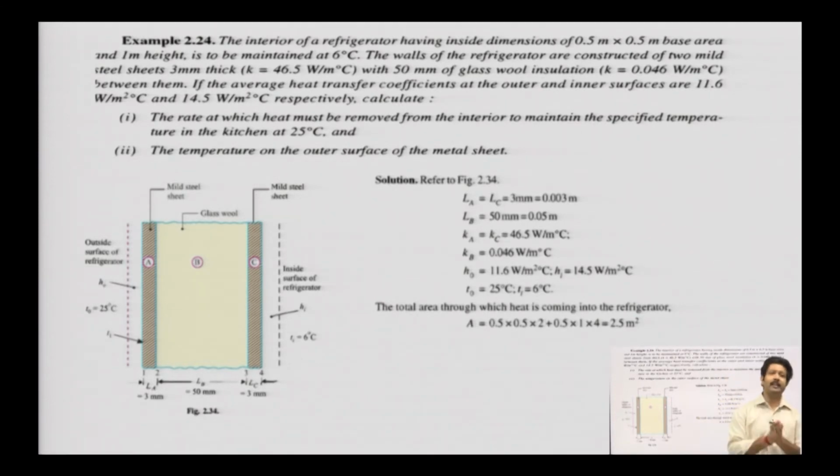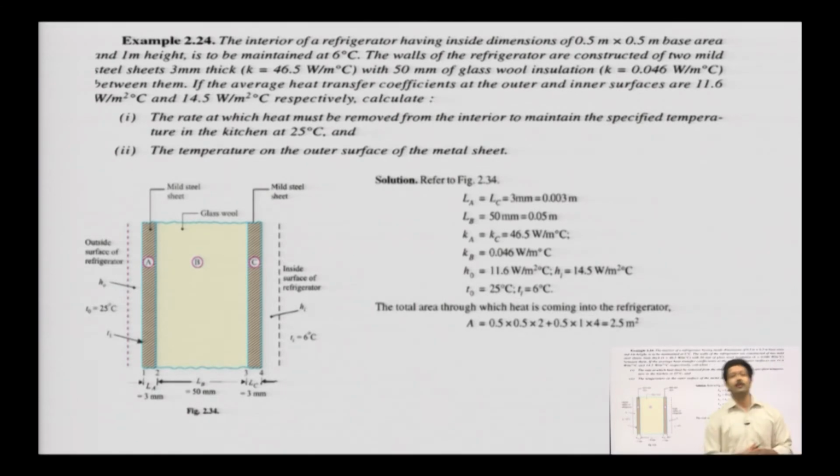Again everything will be the same, only the values and the numerical have changed. This is again a case of a composite wall. I have been doing composite walls from my previous 3 lectures. I hope the concept of the composite wall comes into your mind very tightly, and I don't think you will be able to forget it.